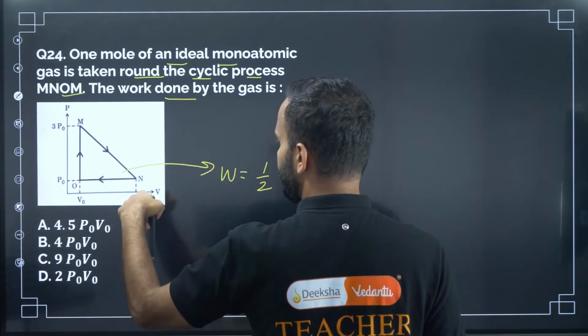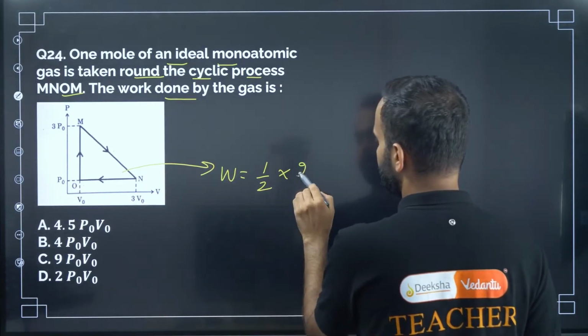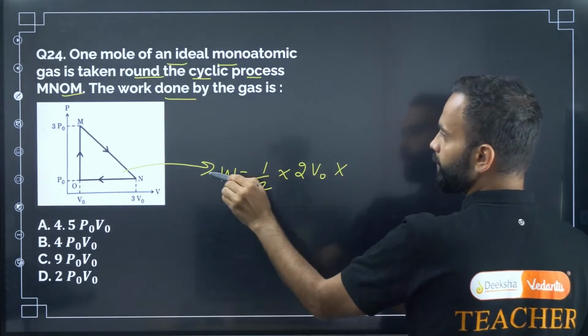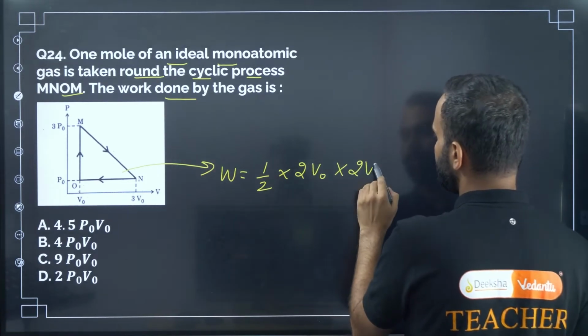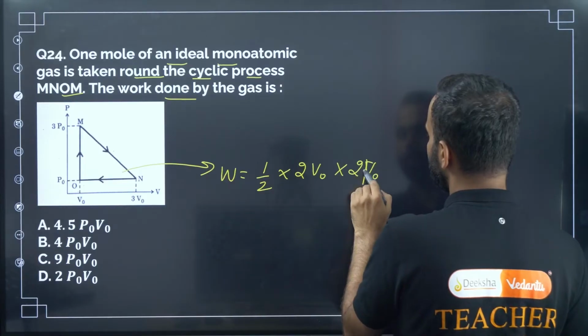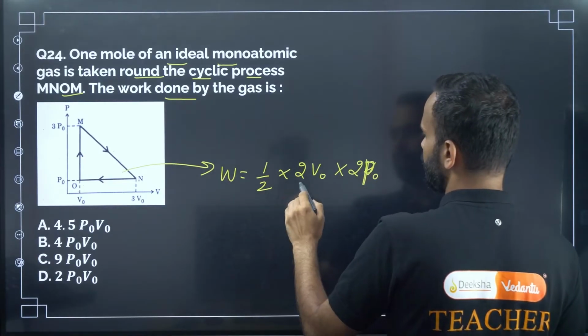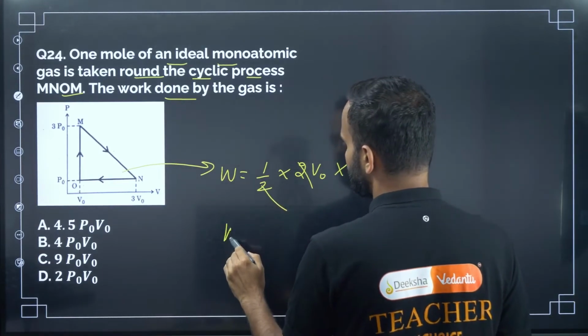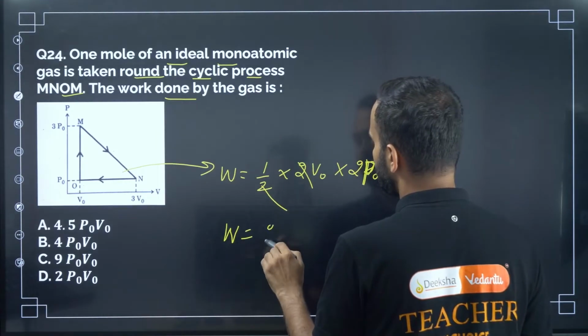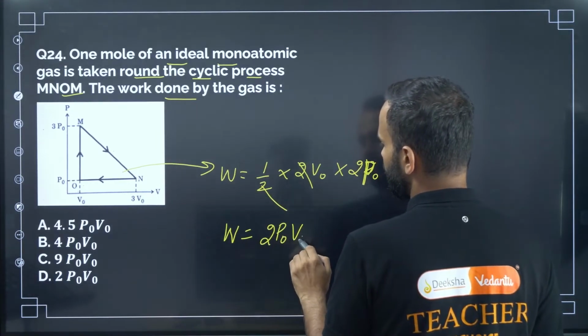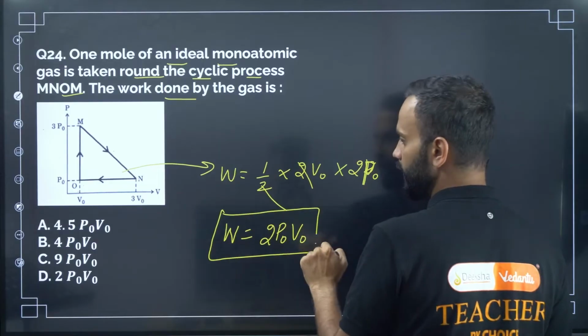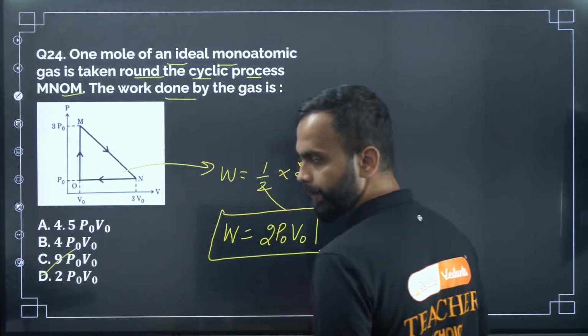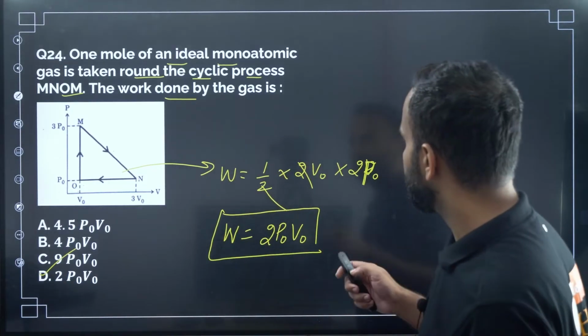Final is 3 V naught, minus V naught, that is 2 V naught, into 2 P naught. So 2 will get cancelled. Work done by the gas is equal to 2 P naught V naught. So the correct option is D.